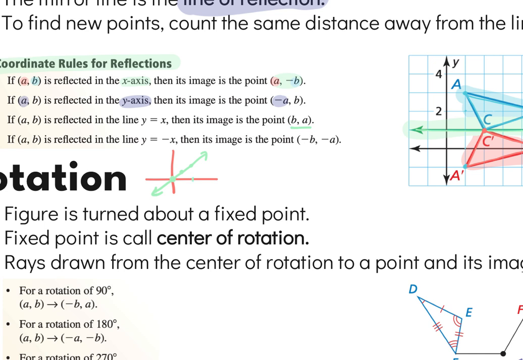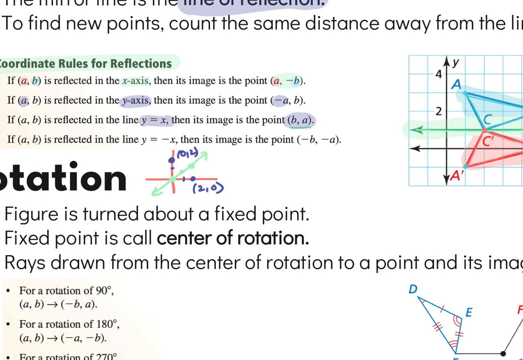So if my coordinate point was down here, let's just say at (2, 0), then the image would switch to be at (0, 2). So you would switch the x and y. Again, y equals x, switch x and y.